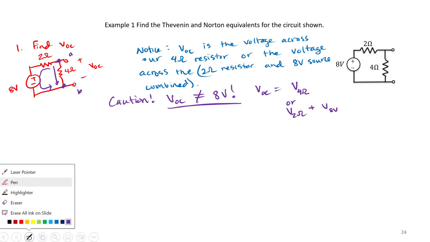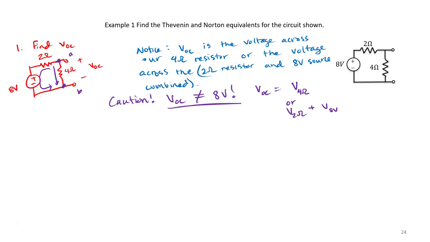Make sure you calculate your open circuit voltage correctly. So in this case, let's determine VOC across the 4 ohm resistor. How would we approach that? If you're not sure, remember those rules we covered.